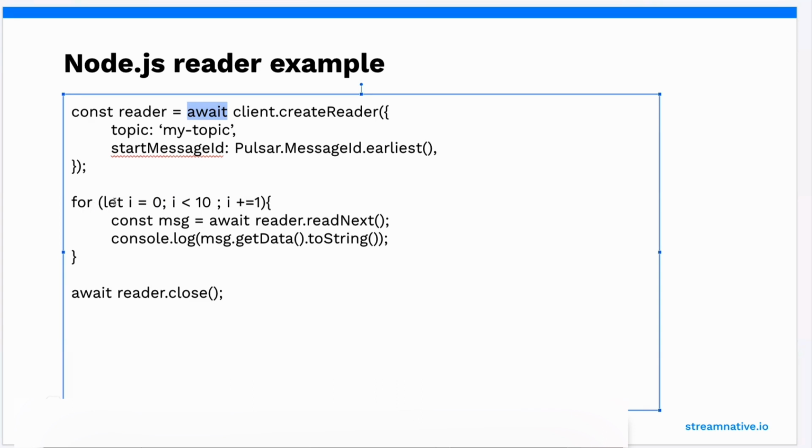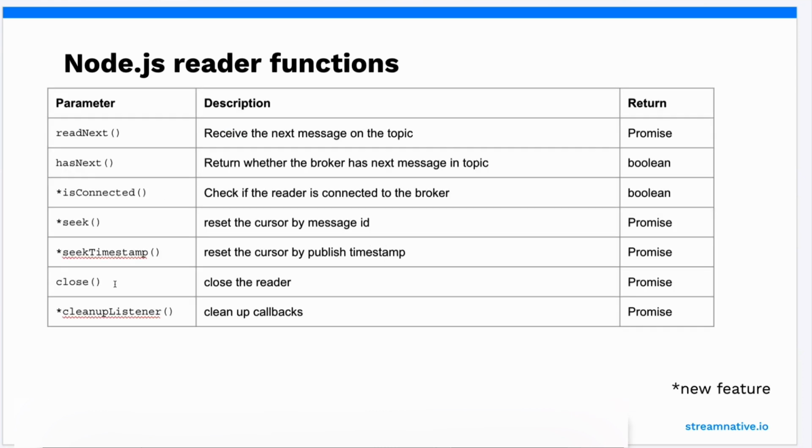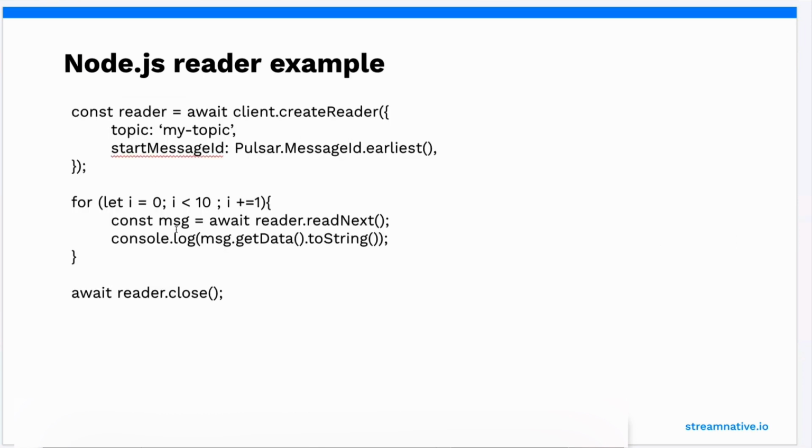If you want to read 10 times, you can loop, or use a while loop: while the reader hasNext, you can keep reading. Await reader.readNext, and then you do your business. Once you finish, you can close the reader.